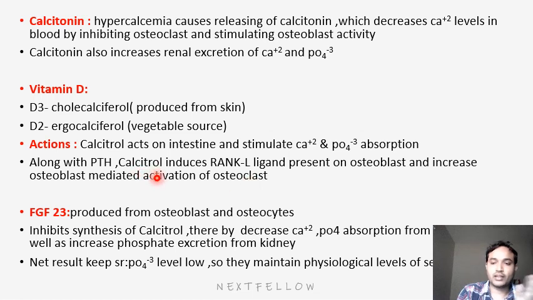It is one of the molecules useful in osteoporosis treatment, which we will see when dealing with RANK ligand. So vitamin D3 enhances serum calcium and phosphate by increasing intestinal absorption.